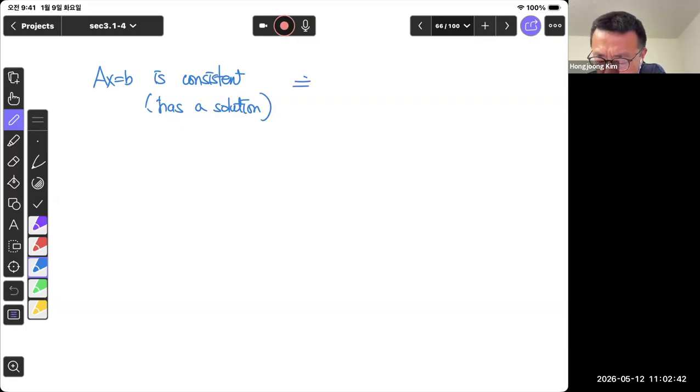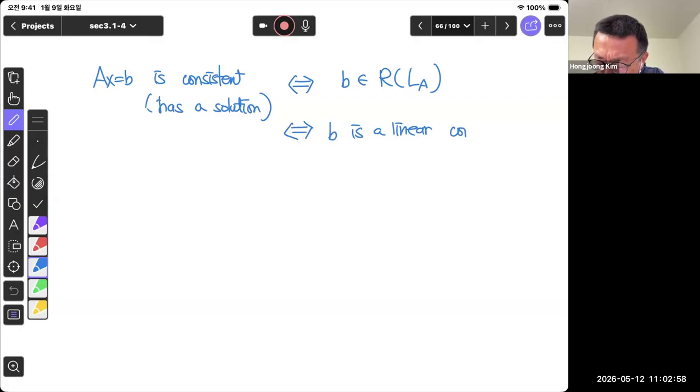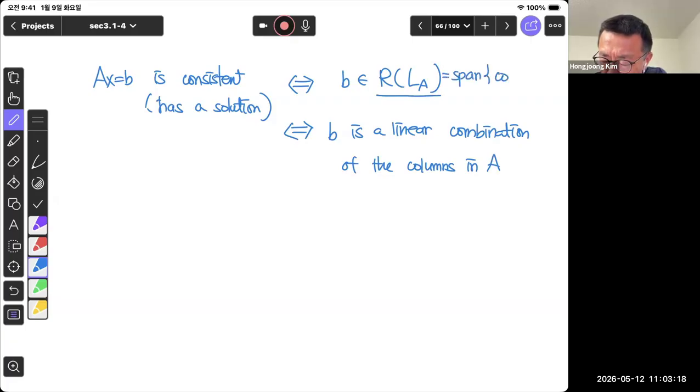That is equivalent to saying that B is in the range of this mapping, which means B is a linear combination of the columns in A matrix, because this range of L sub A is the span of the columns in A matrix.